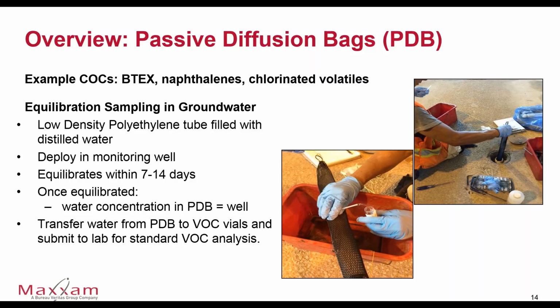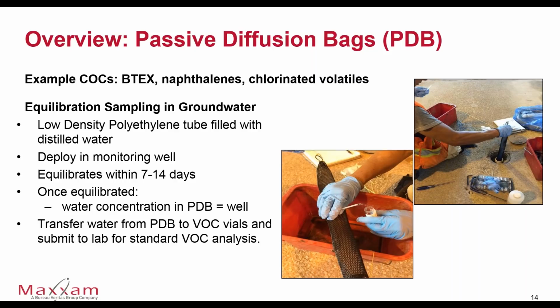The tube is put into a groundwater monitoring well and left to equilibrate for a week or two. Once the passive diffusion bag is removed, you can see in the picture in the middle, they're transferring the water from the bag to a regular volatile vial for submission to the lab.